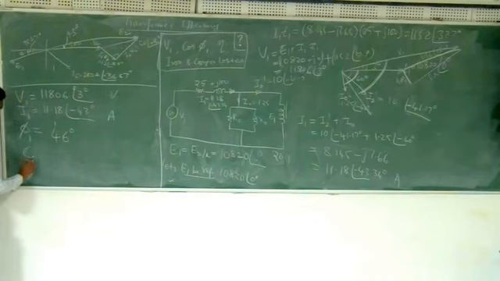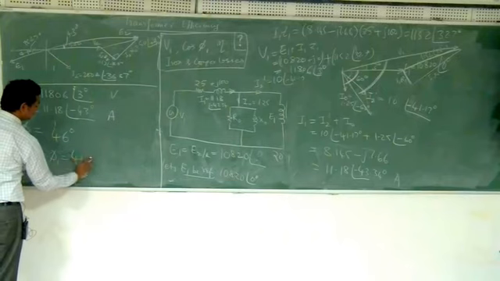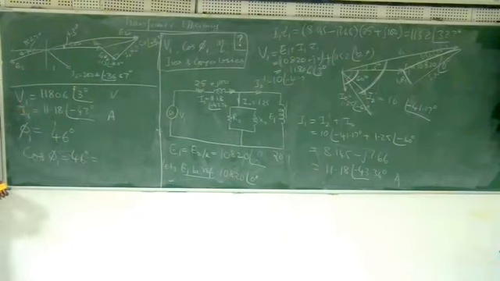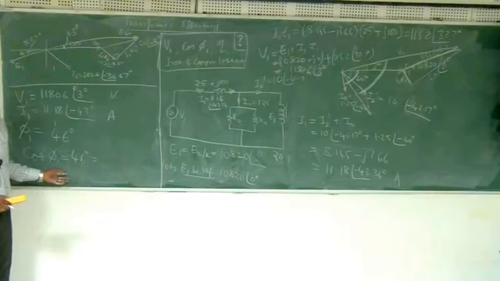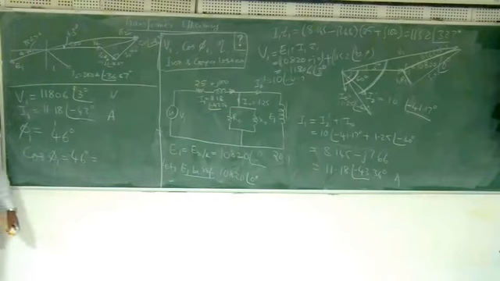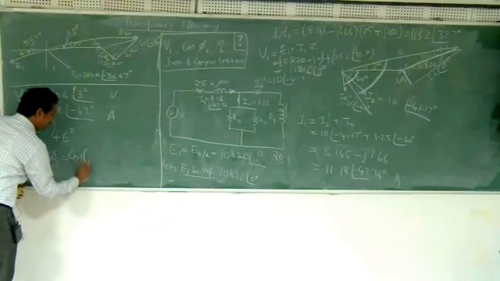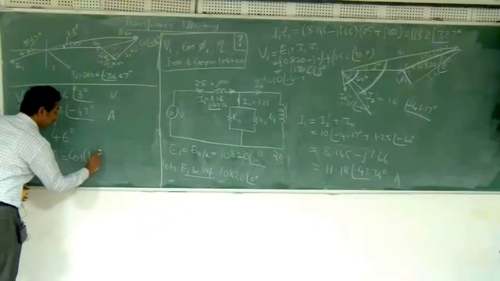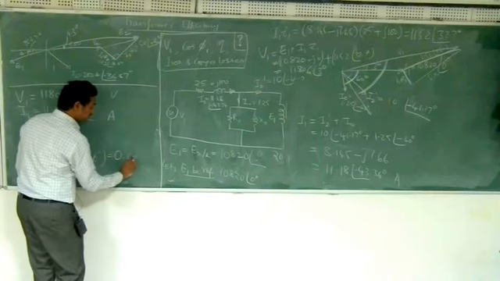So what is cos of phi 1? 46 degrees. So cos 45 you know is 1 by root 2, 0.707. Okay, this will be less than 0.707 because angle is slightly more. How much is this? Cos of 46 degrees? 0.694.